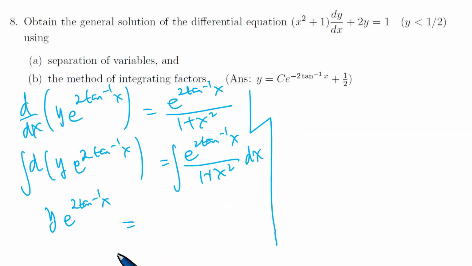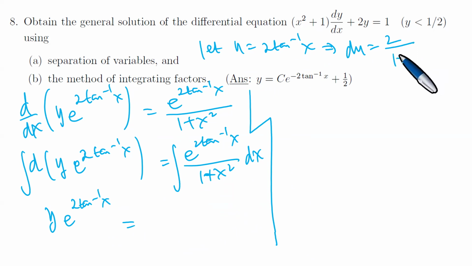Okay, so you let u be 2 arctan x. du is 2 divided by 1 plus x squared dx.